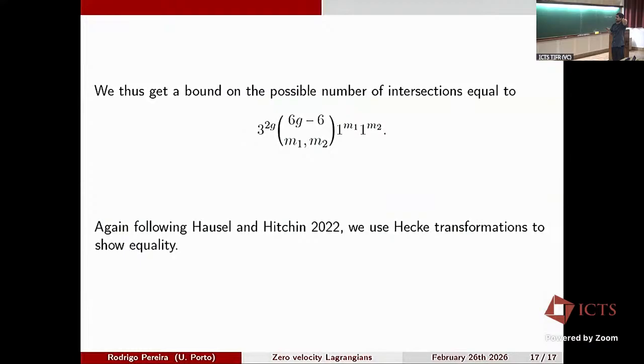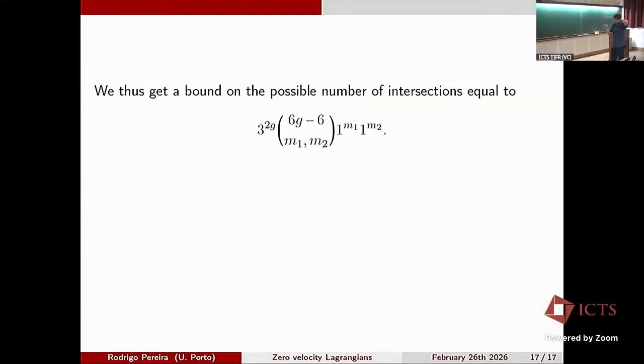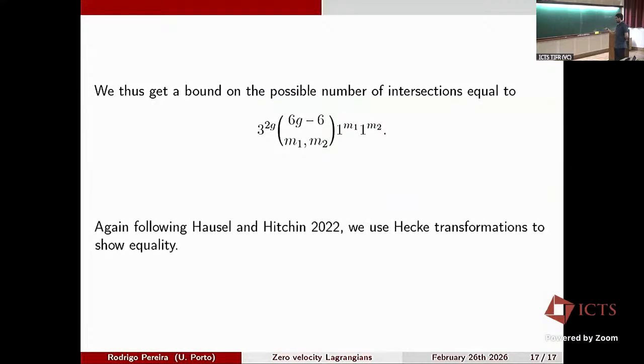Yeah, and so also, what I described to you gives only necessary conditions, right? So I started with an intersection point and all I did was derive some necessary conditions. And this is just a bound, right? But the machinery of Hausel and Hitchin, well, how do they go from the choices of eigenvalues to the intersection point?